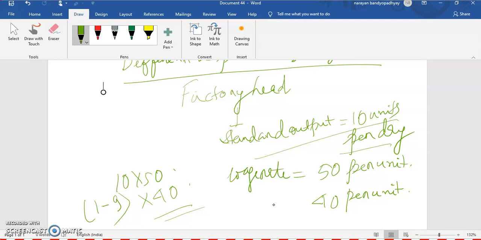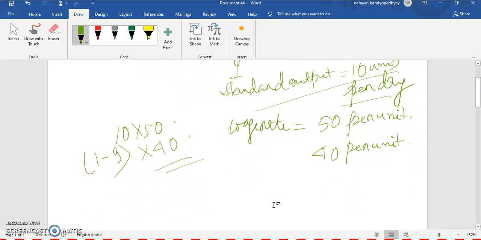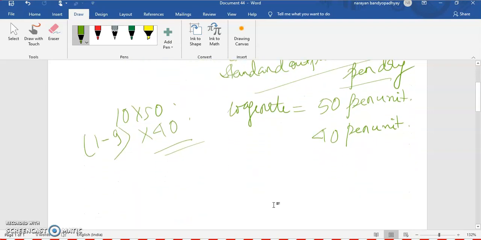Why will he make it? So if a person is exceeding the standard output, then he will get 60 per unit. For every unit greater than 10, he will get 60 rupees per unit.